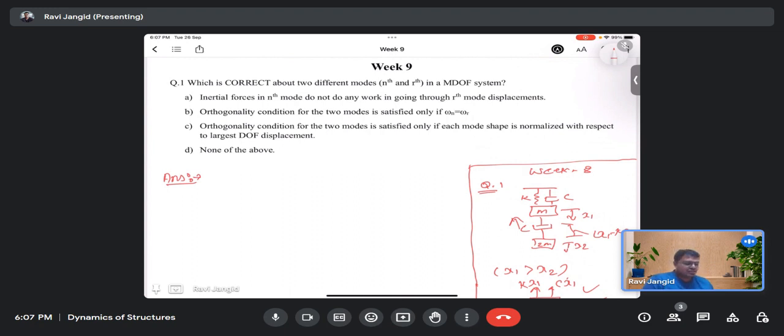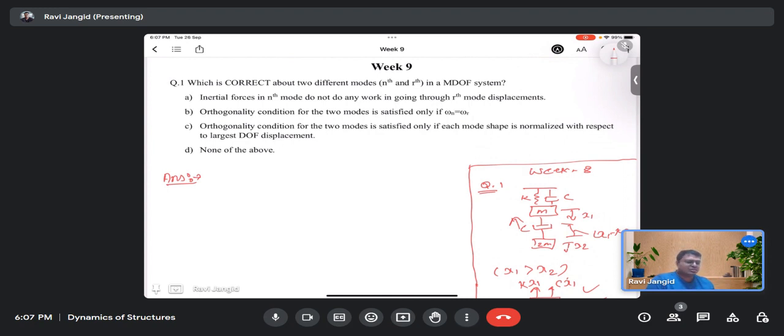The options are: A, inertial force in the nth mode does no work going through the rth mode of displacement. B, orthogonality condition for the two modes is satisfied only if omega n is not equal to omega r. C, orthogonality condition for the two modes is satisfied only if each mode shape is normalized with respect to the largest degree of freedom displacement.